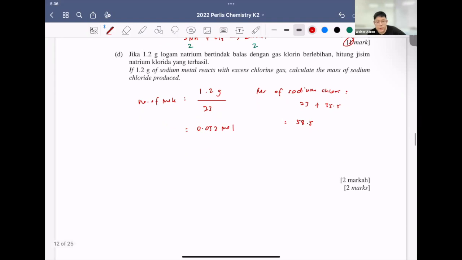So then after that, what we're going to do next will be very simple. You just have to multiply it. So right now, the number of mole of sodium chloride will be 0.052 mole multiplied by 58.5.